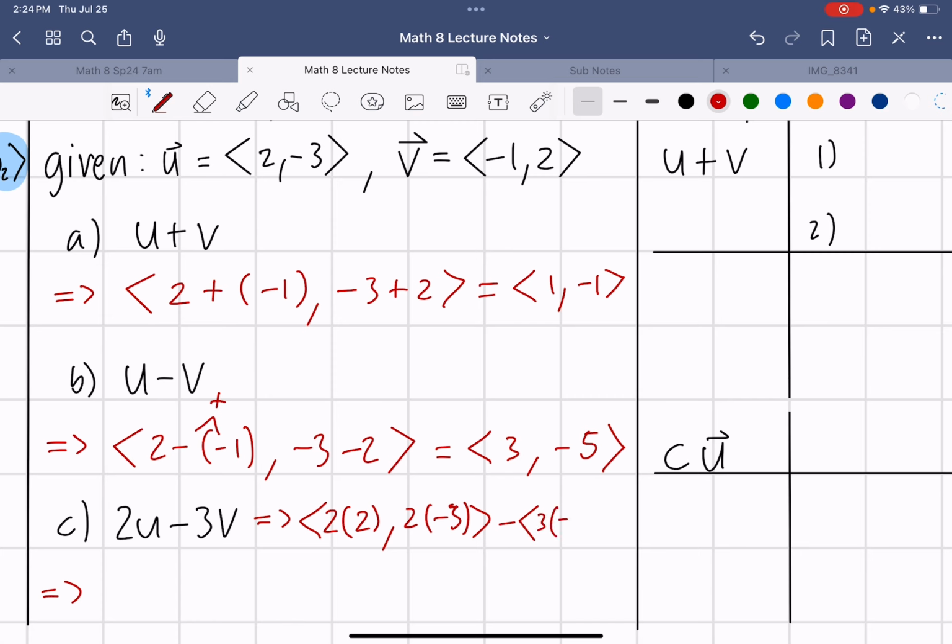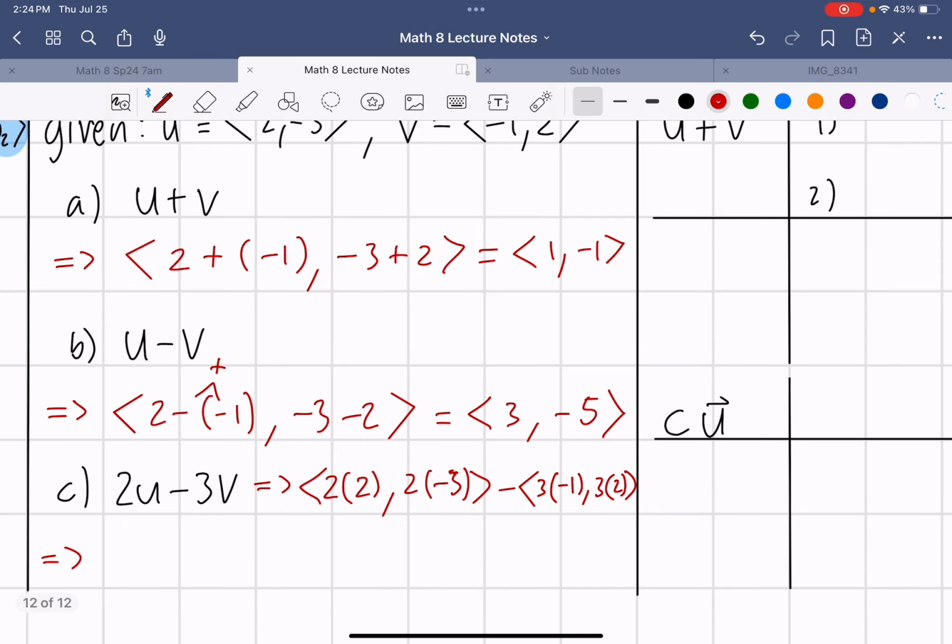Either way works. Or you can multiply by negative 3 and then just add them together, whichever you prefer. But that's going to leave us with 4 from u minus negative 3 from v.